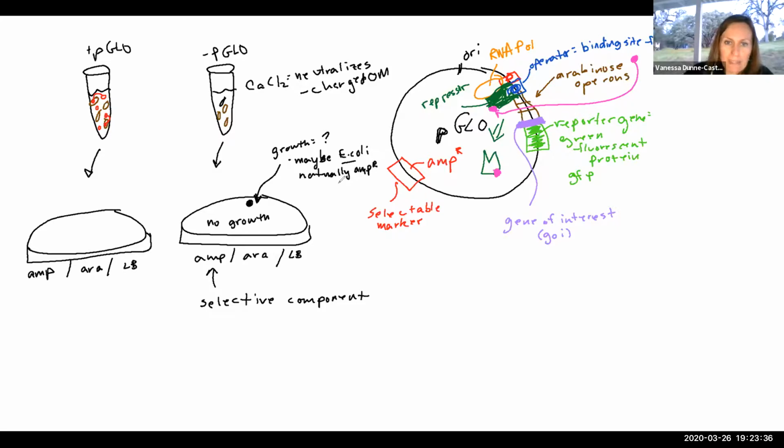That would be a bad thing, because what we're actually using the selectable marker for is to determine those organisms that took up the plasmid from those that did not. But if we see that E. coli had natural resistance, that means that, no matter what, we must discount or disregard all results.